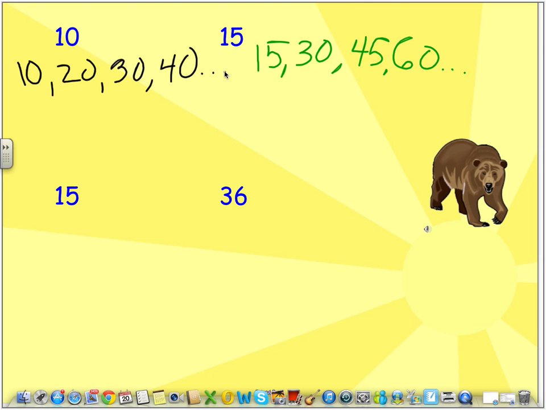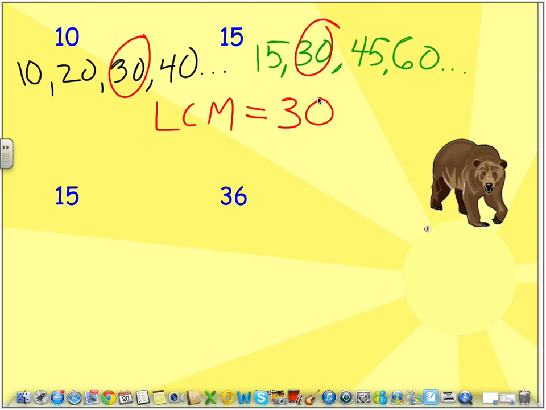Well, it's fairly easy to see here because you don't have to list for very long. It's 30. Least common multiple equals 30. Okay, so that's one way to do it.